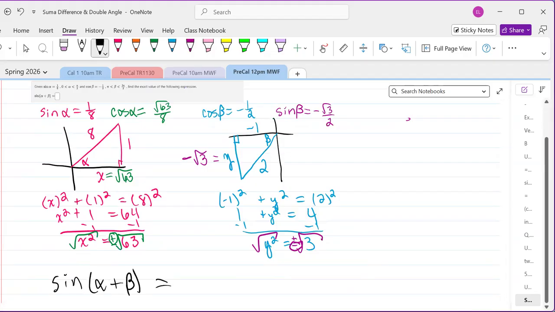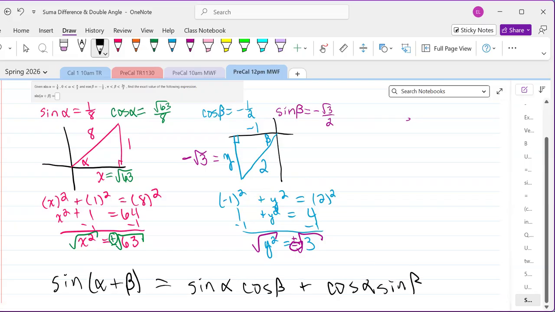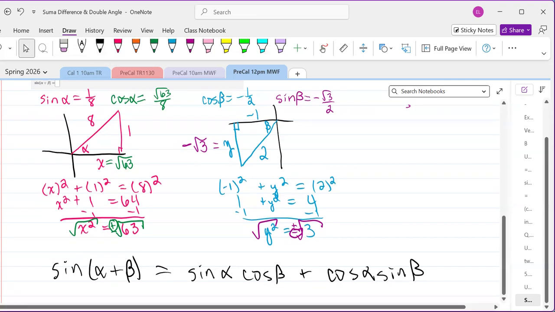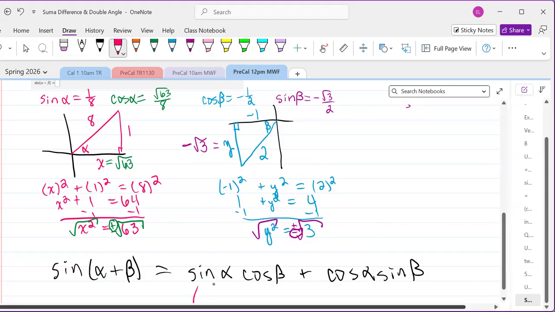So on the front of the test, we can look this up in the list. The formula is sine alpha cosine beta plus cosine alpha sine beta. And now I'm just going to fill in the pieces I know. So I know sine of alpha is 1/8.